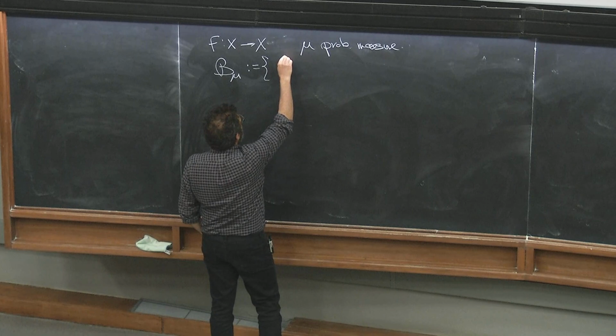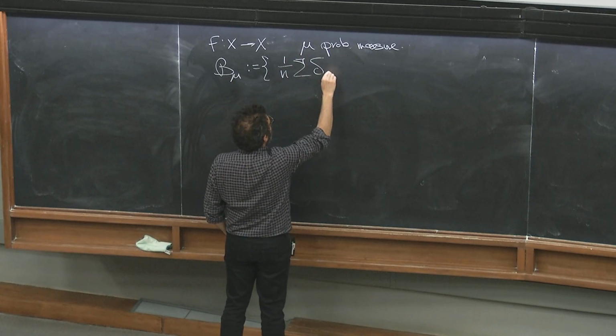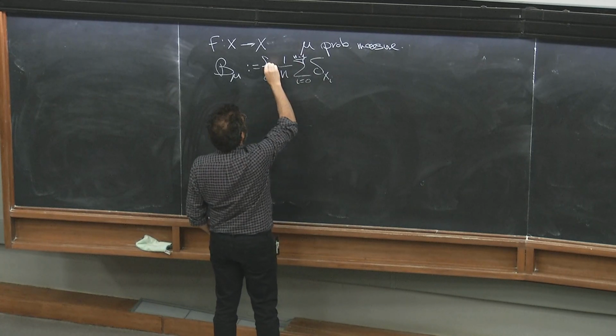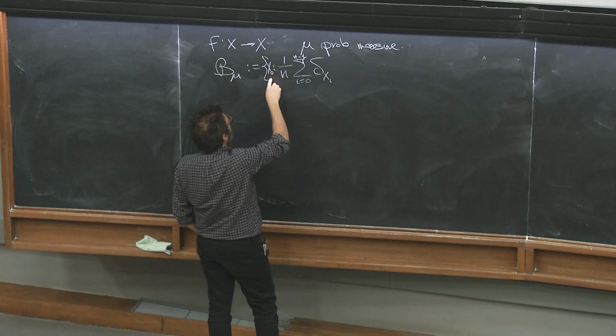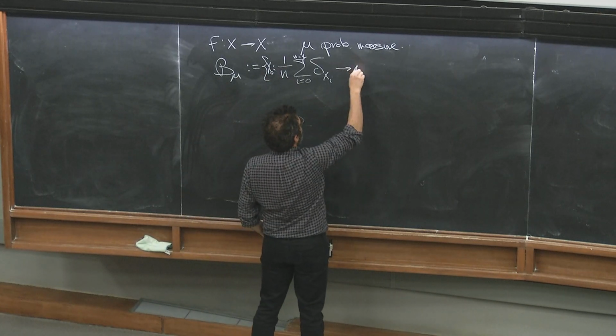By which we mean that we have this sequence of measures along the orbit of the initial point x0, all the points in our space such that this converges to μ.